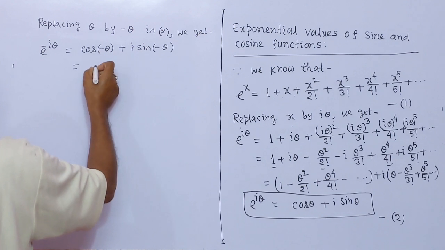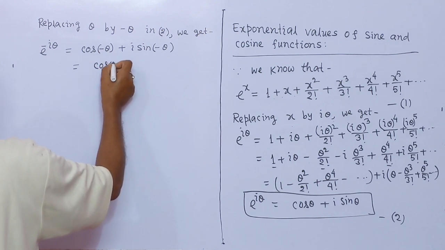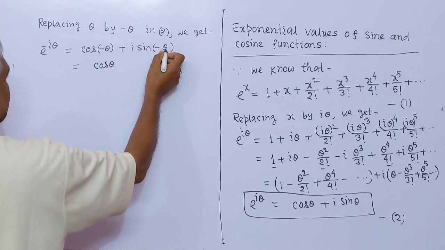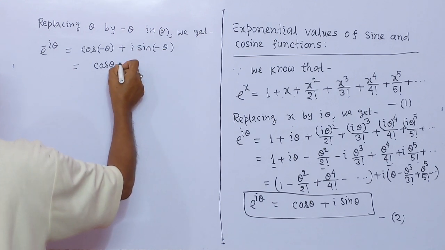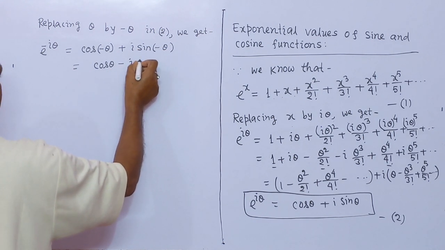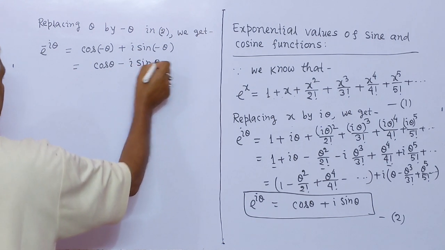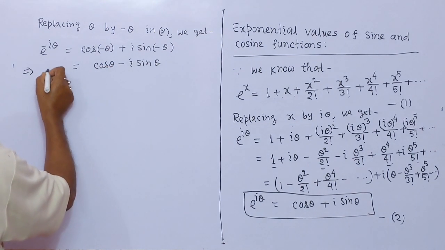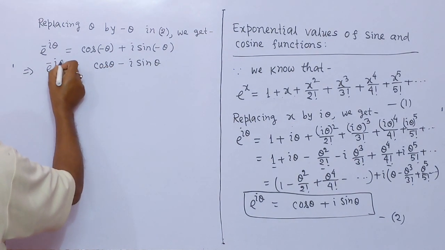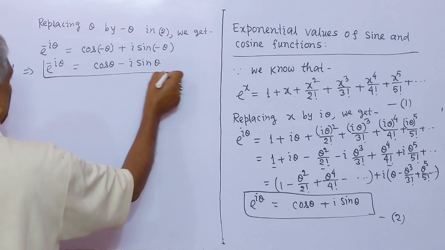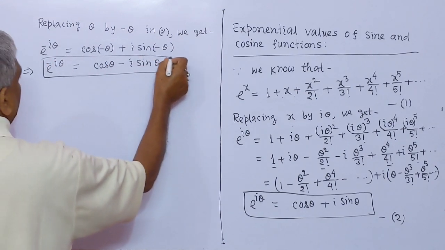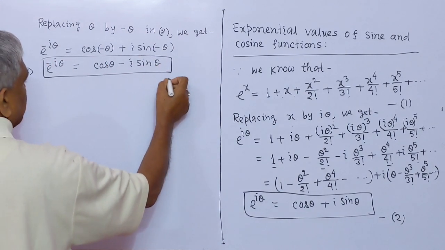Cos minus theta is cos theta and sin minus theta is minus sin theta. So here minus I sin theta implies that e to the power minus I theta equal to cos theta minus I sin theta. This is number 3.